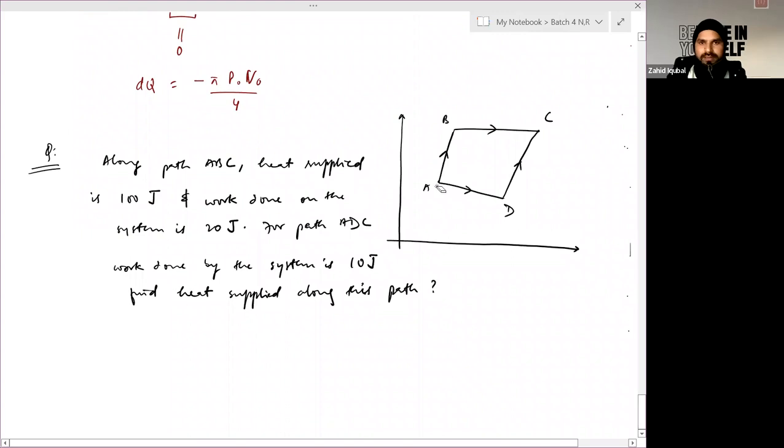Gas is going from point A to point C, one along this way and in the other part along this way. So for both these parts, the initial point and final point are the same. So the change in internal energy for the first part, along ABC, must equal the change in internal energy for the second part, for ADC.